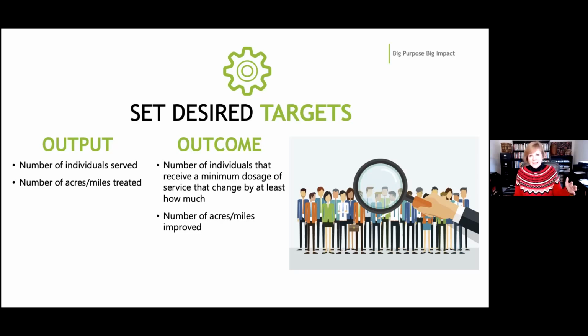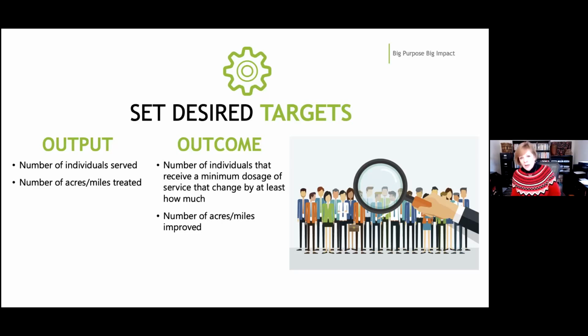But basically all of you are either tracking how many people got served as your output or how many acres or miles treated. Might be something else besides these two things, but I'd say for 90+% of programs nationally, it's one of these two things.